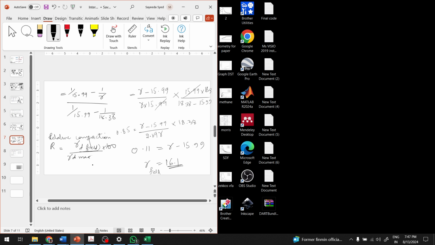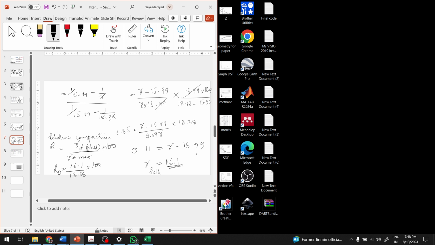So gamma d field we already know 16.1, and gamma d max is 18.38, into 100. This will be 16.1 over 18.38 into 100.